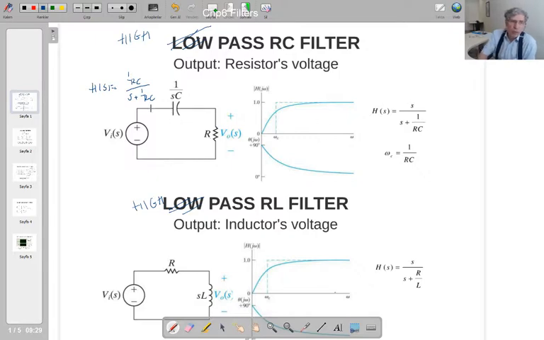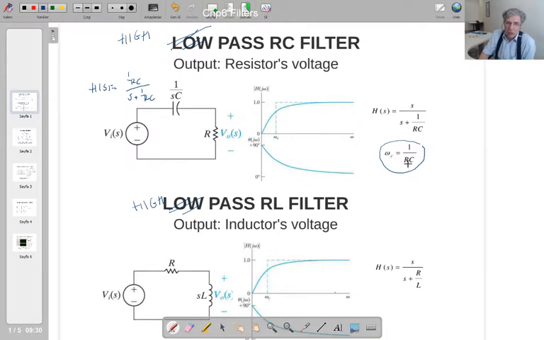I found this transfer function step by step for the low pass filter, so you can find the transfer function for this high pass filter on your own. And then, as I did for the low pass filter, you could find the cutoff frequency as this. Step by step I examined it in low pass, so I left it for you to do on your own here.